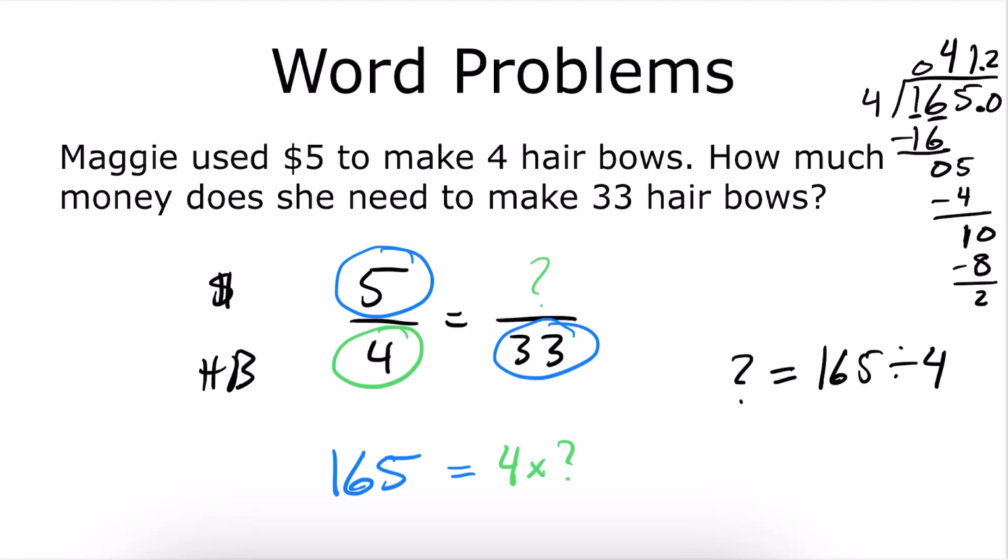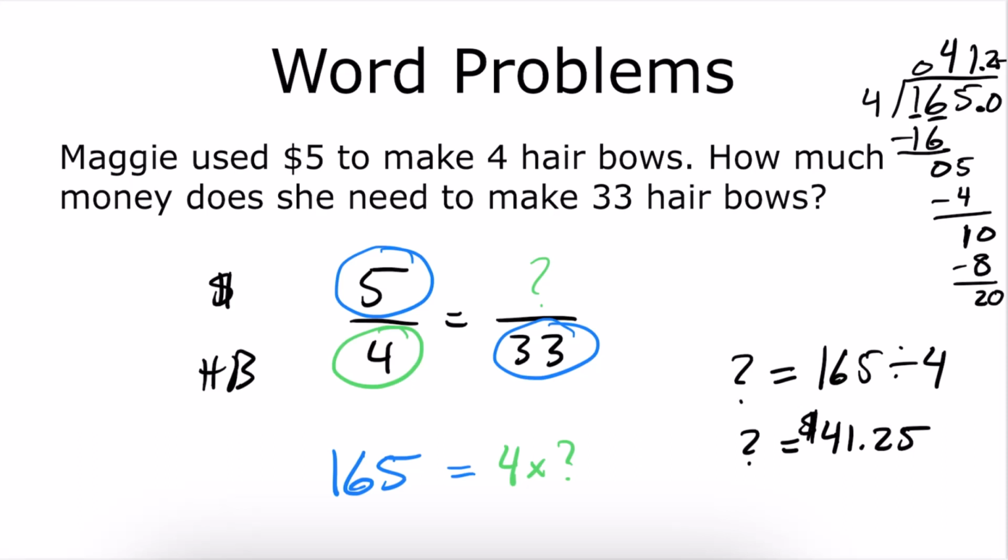And I could exchange those 2/10 for 20 hundredths. And those 20 hundredths, when I split them up into 4 groups, will have 5 hundredths in each. So there's a little teeny 5 right there. And so that tells me that my question mark equals $41.25. So it would cost Maggie $41.25 to make 33 hair bows.